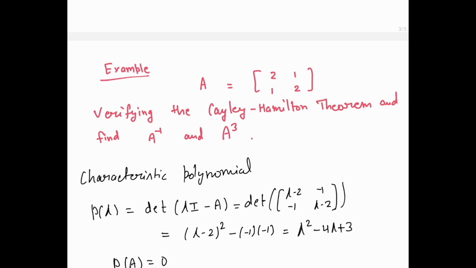I consider this example of a 2 cross 2 matrix A. In this example we will verify the Cayley-Hamilton theorem, and then find A inverse and A cubed. First is the characteristic polynomial, the determinant of lambda I minus A, which comes out to be lambda squared minus 4 lambda plus 3.